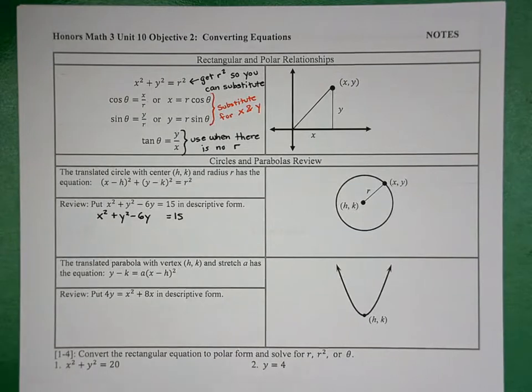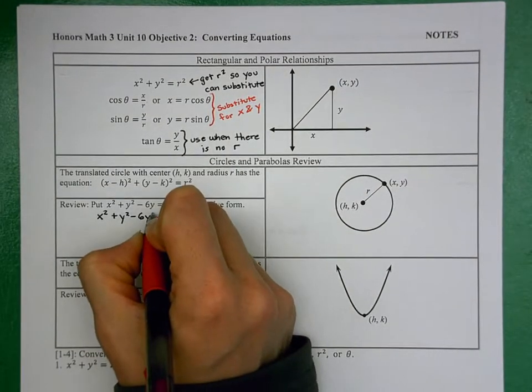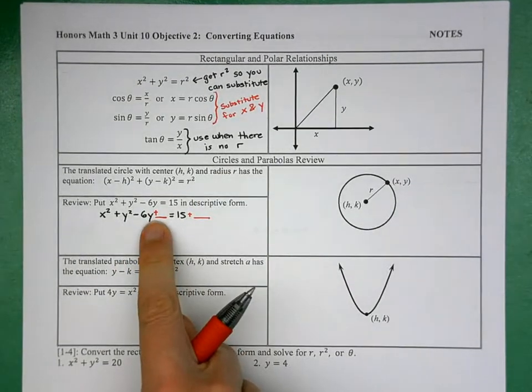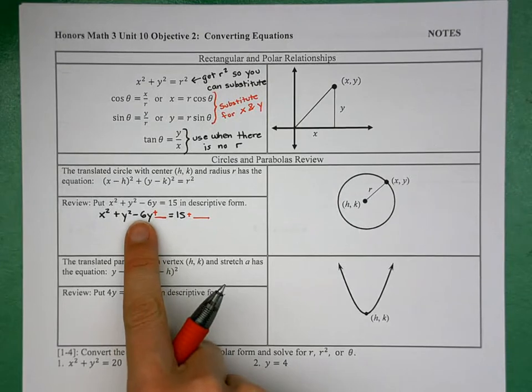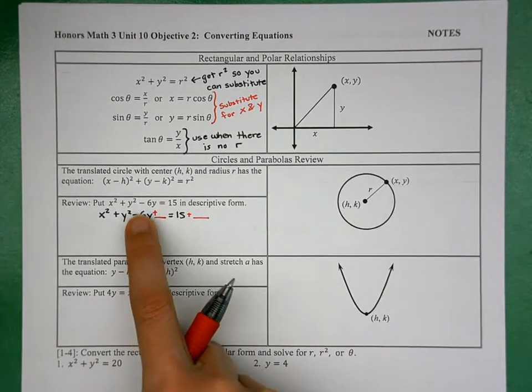And you're looking for what goes in this blank back here. You always find what that number is by halving this number, so it'd be -3 if we cut -6 in half, and squaring that. So -3 squared would be 9.